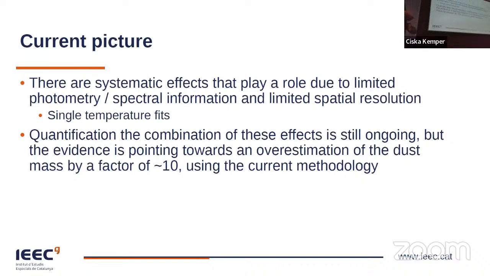The quantification of the combination of these effects is still ongoing, but the initial indications are that we are overestimating the dust mass by a factor of about 10 using the current methodology of measuring dust masses.